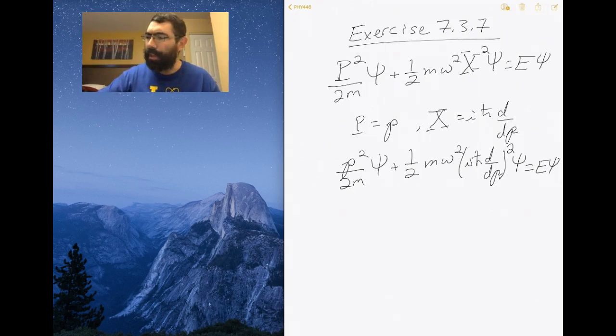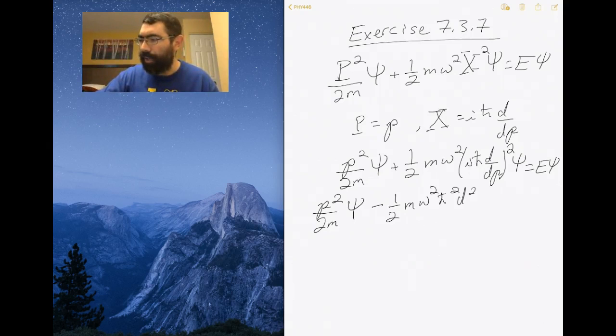Now if we square that position operator, we get the kinetic energy times the wave function minus 1/2 the mass, the frequency squared, times h bar squared, second derivative of the wave function, is equal to the total energy times the wave function.